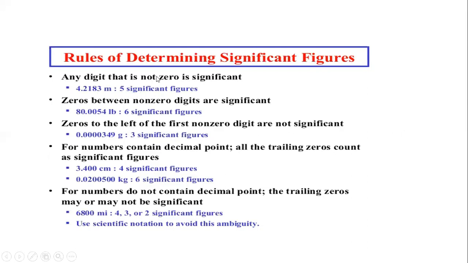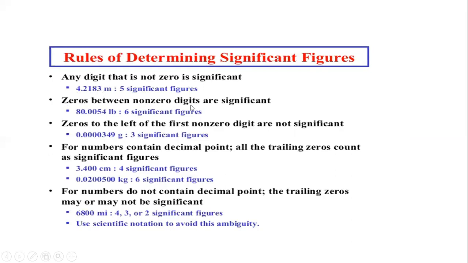All digits that are not zero are significant, or you can say that all non-zero digits are significant. 4.2183, these digits are all non-zero, so this term has five significant figures: 1, 2, 3, 4, 5.